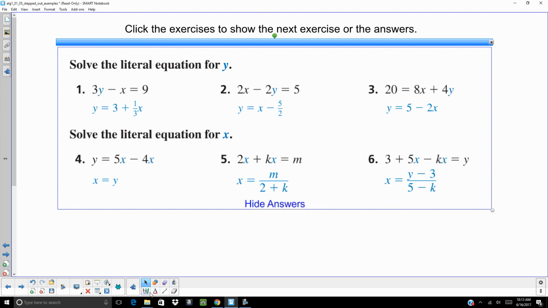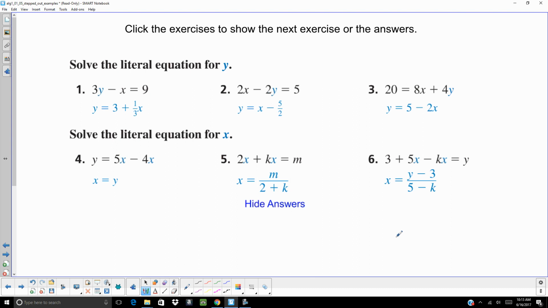I think the one that's probably the trickiest here is number 6. What I would do is start by subtracting 3 from both sides. You'd have -3. What happens is those 3's cancel, so you've got 5x minus kx equals y minus 3.